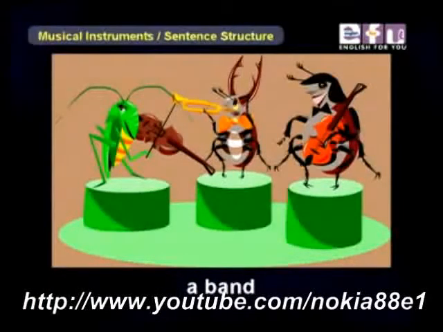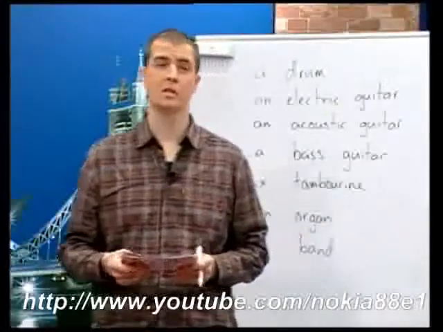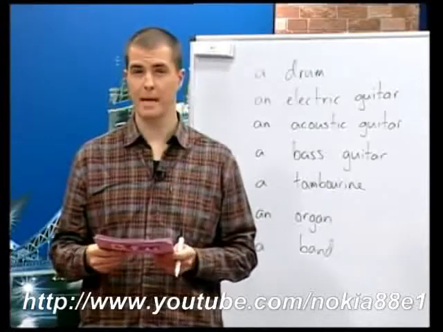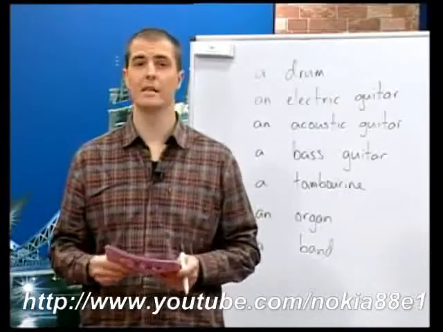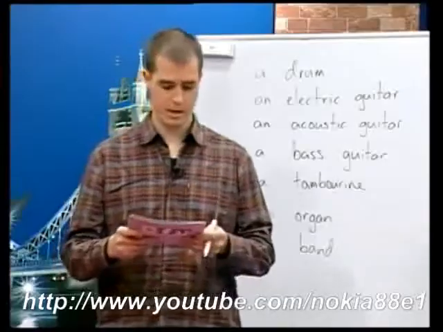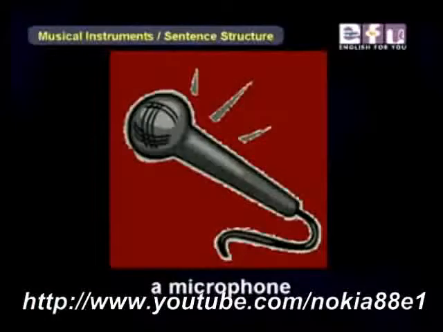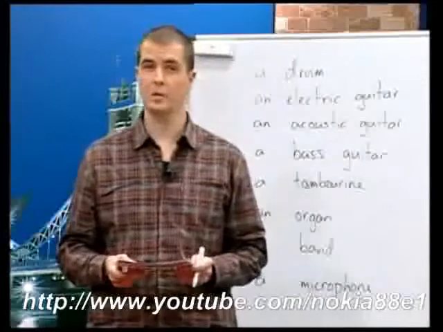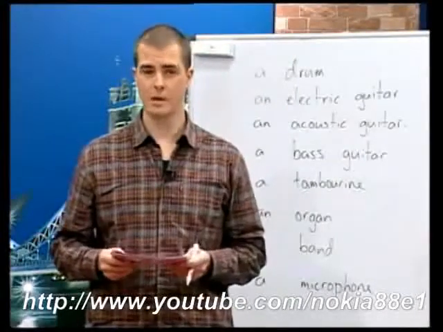We have a band. A band is a group of musicians who play popular music. The main singer in a band is called the lead singer or lead vocalist. And one more, a microphone. A microphone is a piece of equipment that you speak into to make your voice louder.